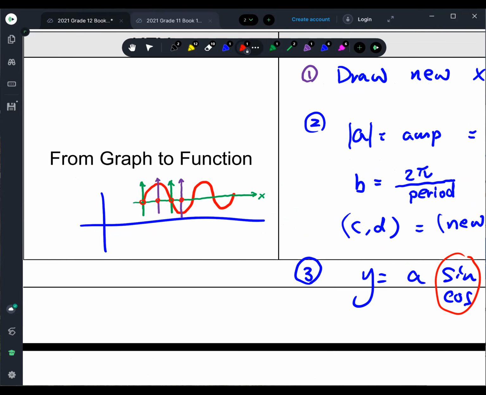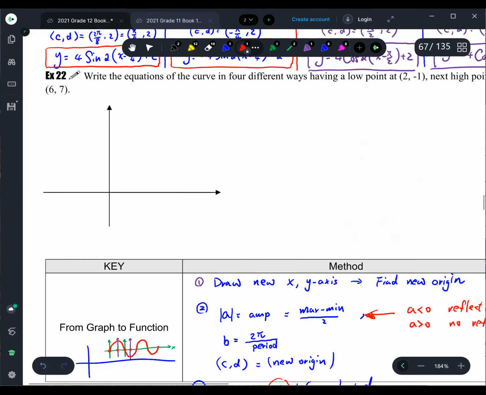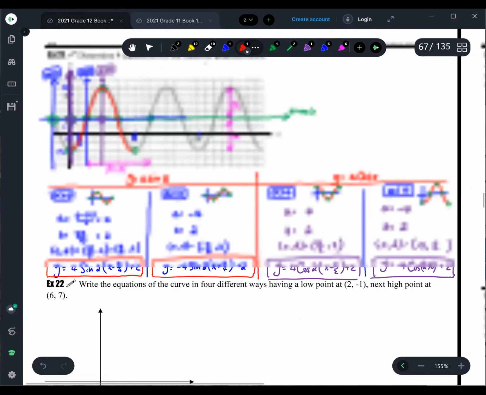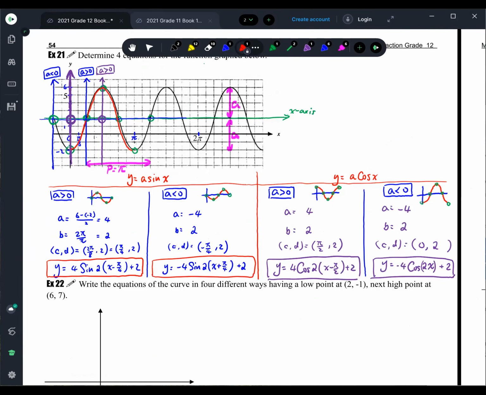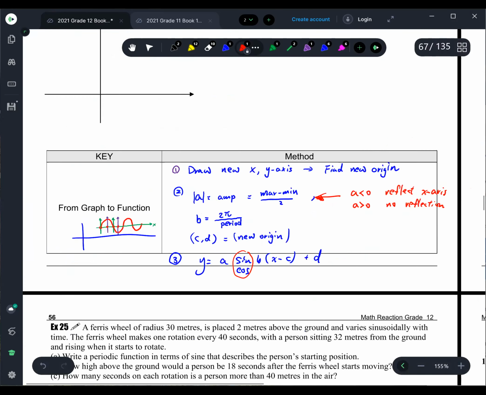So some teachers just give you a graph on the test, ask you just 1 question, but then you will have 4 answers because you could use either sine or cosine with reflection or without reflection. We did a couple questions up here like that, so make sure you review that.